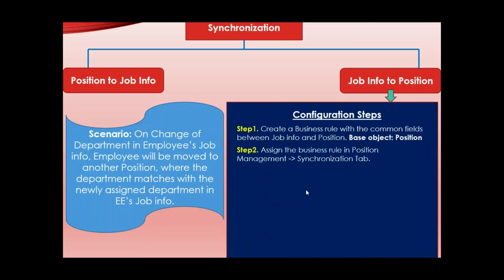Second, assign that business rule in position management settings, in the synchronization tab. Third, set up a follow-up activity on the position field in the event reason. That is the main thing that will help trigger this business rule that we are going to set up in position management settings.